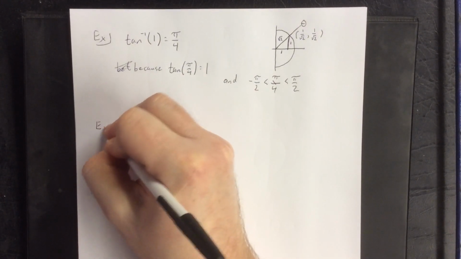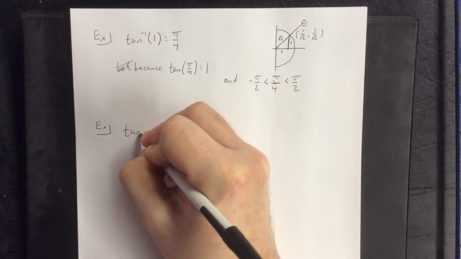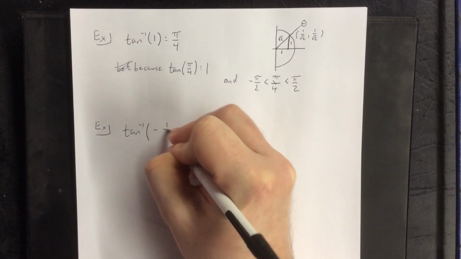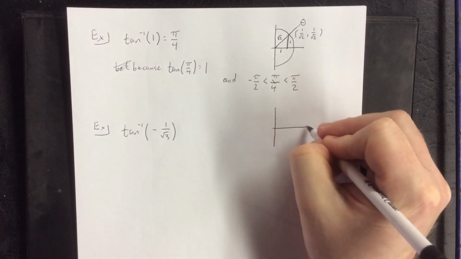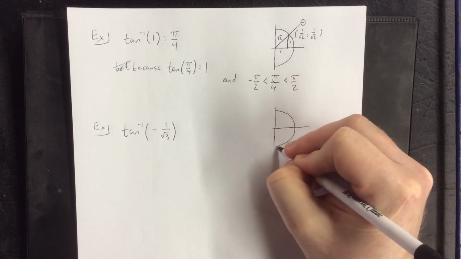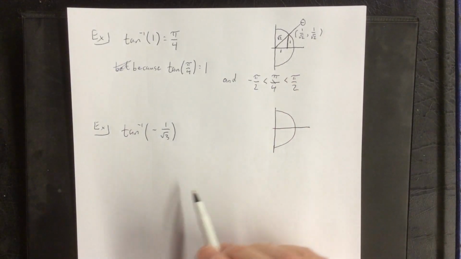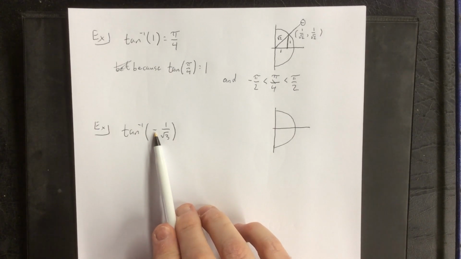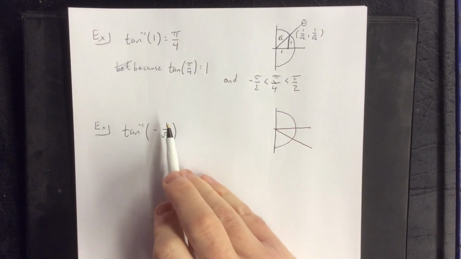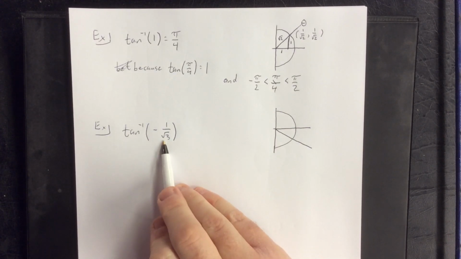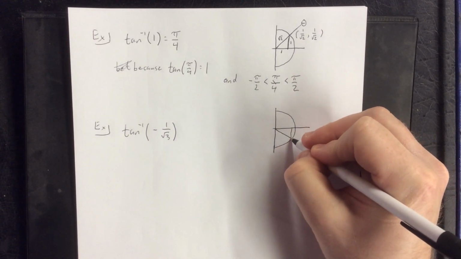We could also evaluate something along the lines of the arctangent of -1 over the square root of 3. Setting this one up similarly to what we did for the last one, I'm looking for the angle. Because the ratio is negative, we'll be looking in quadrant 4. And I want the ratio of the opposite over the adjacent to be 1 over the square root of 3.